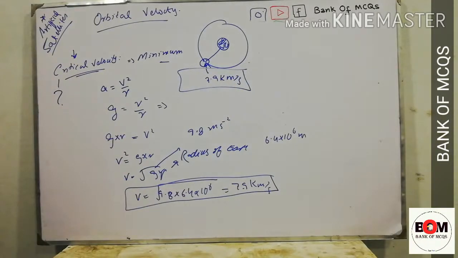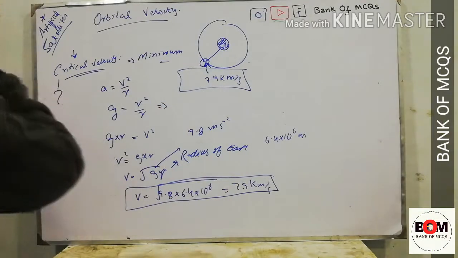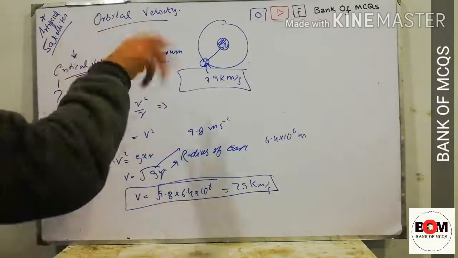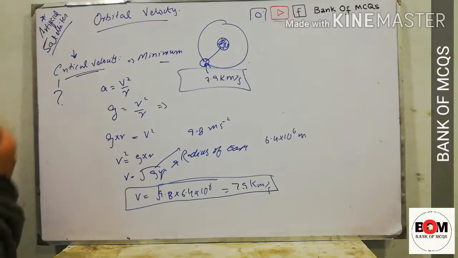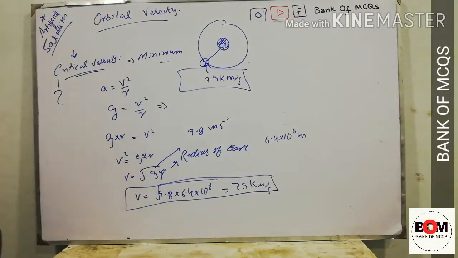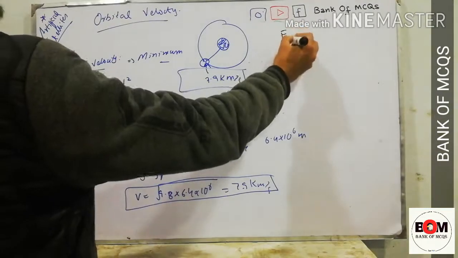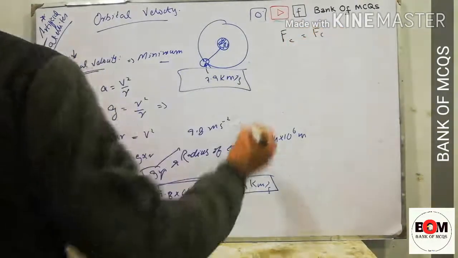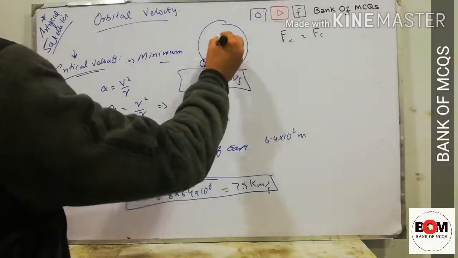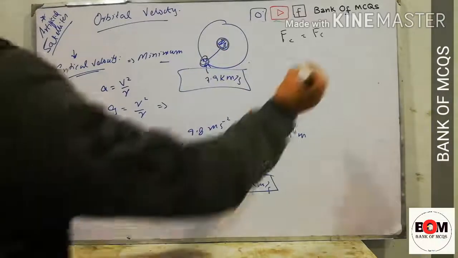Now this is the velocity to give a satellite. Now the satellite will move in its orbit with some fixed velocity, and that velocity is called the orbital velocity. To find the velocity, we will say that centripetal force is equal to Newton's law of universal gravitation. As these are two bodies, we will apply Newton's law of gravitation.